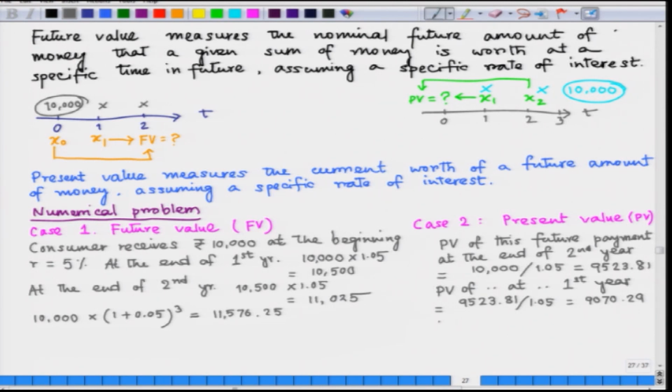So, we can follow similar steps for the period 3, or simply we can use mathematics to write PV at the beginning, it implies time equal to 0, would be 10,000 over 1.05 cube, and that would be 8638.37 approximately, right.